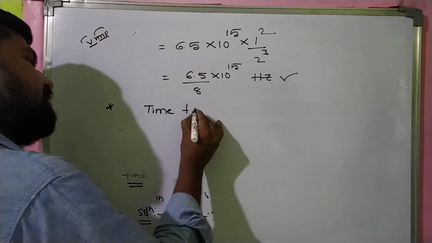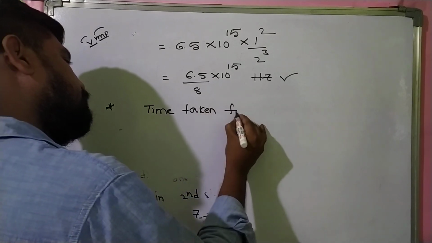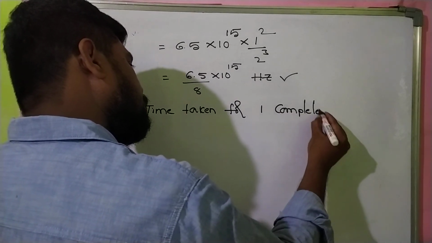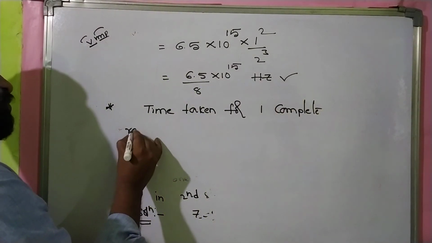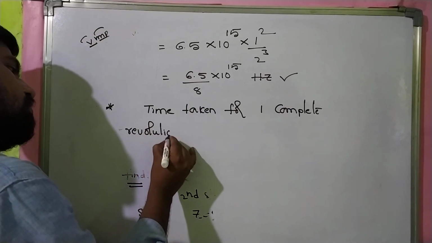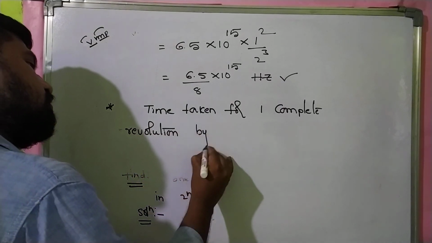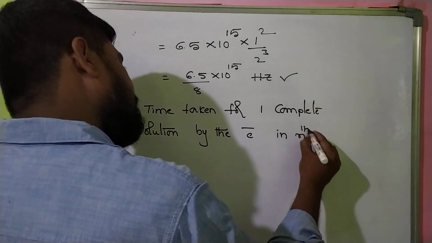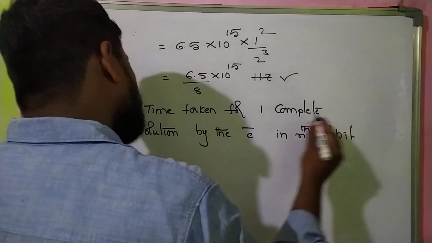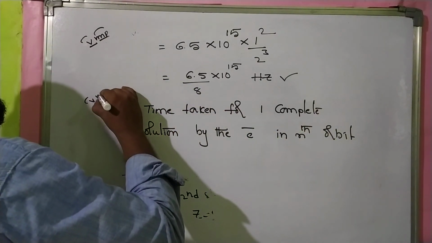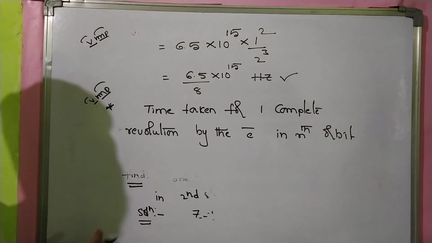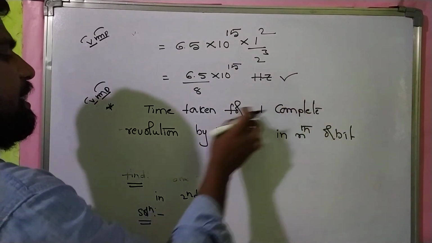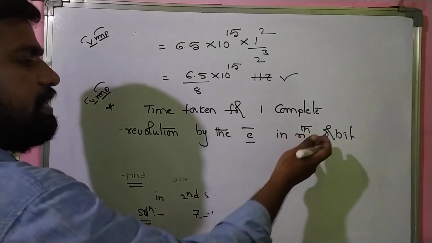Time taken for one complete revolution by the electron in nth orbit. This is also very, very important. What is the time required for one complete revolution by the electron in nth orbit?